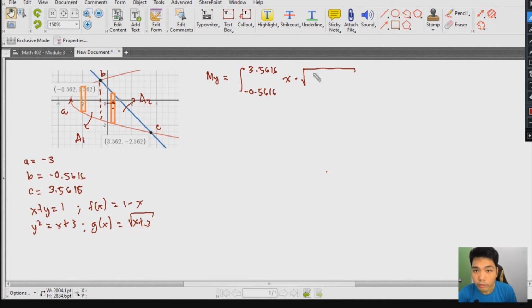Okay, so from this, that's x multiplied by 1 minus x minus this portion, and this portion is actually negative kasi that's the lower portion of the parabola, so that's, kasi this should be positive or negative. So, minus the negative, that becomes positive square root of x plus 3. Okay, dx. And basically, this is your m sub y.